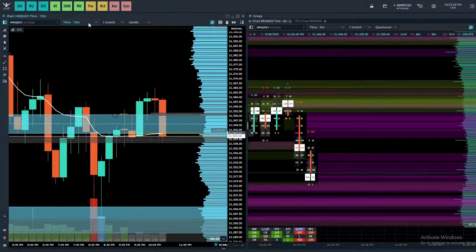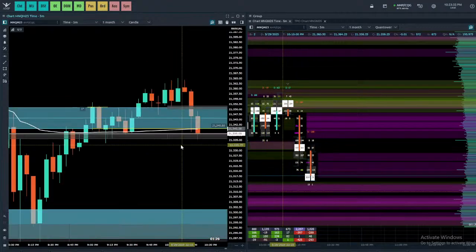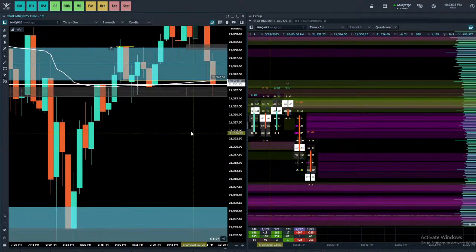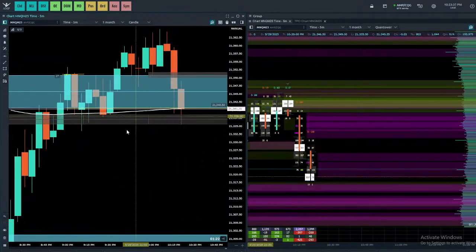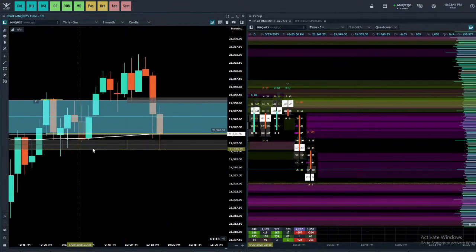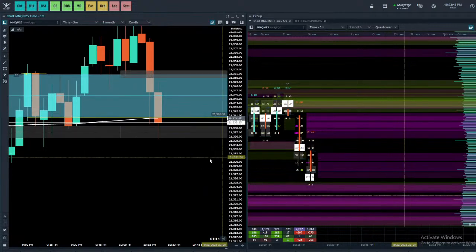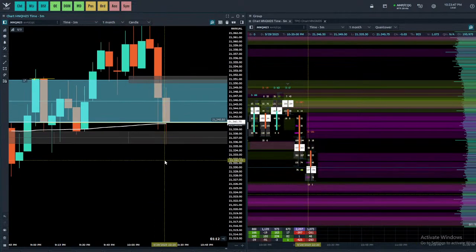Yeah, we want to see this close. To the 5 minute. Boom. We're still in this demand. We had this demand zone mapped out earlier. Got some rejection.